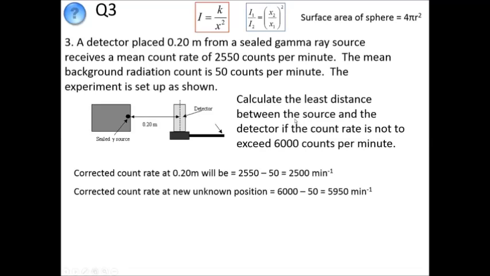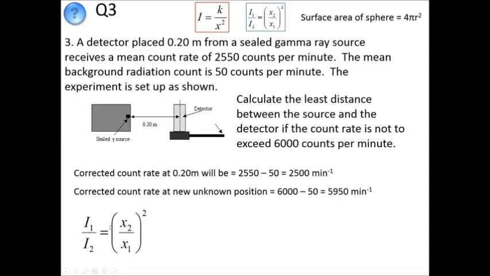Calculate the least distance between the source and the detector if the count rate is not to exceed 6,000 counts per minute. First we need to correct the count rates for background. The corrected count rate at 0.2 metres is 2,550 minus 50, which is 2,500, and the corrected count rate at the new unknown position is 6,000 minus 50, which is 5,950.